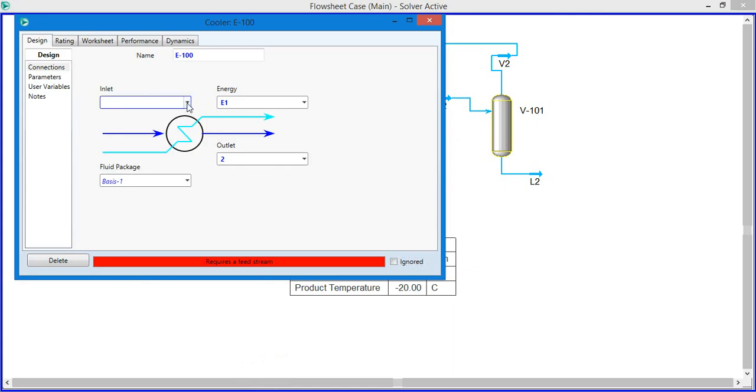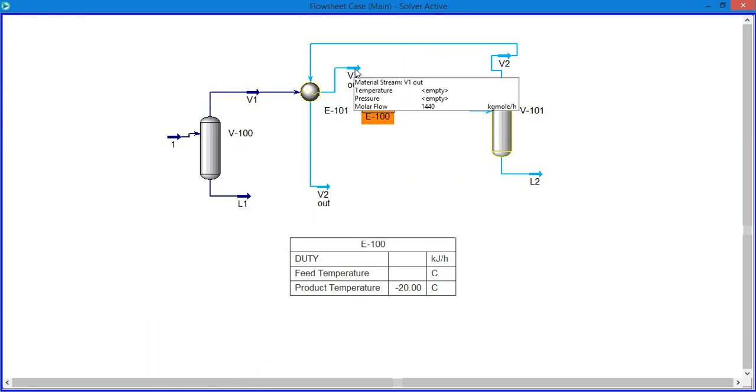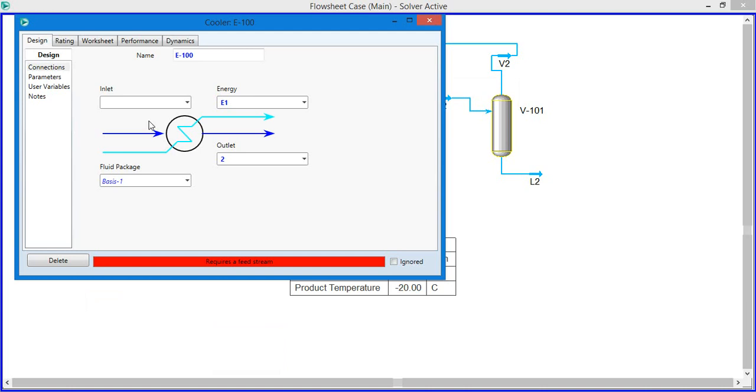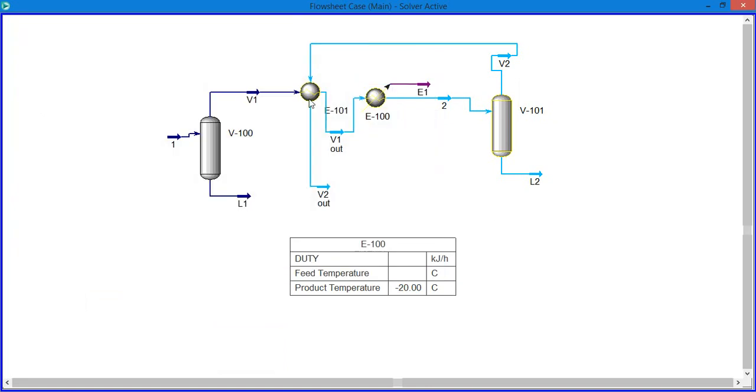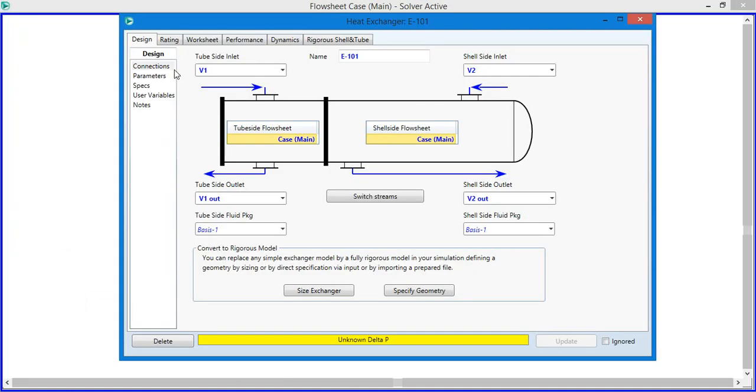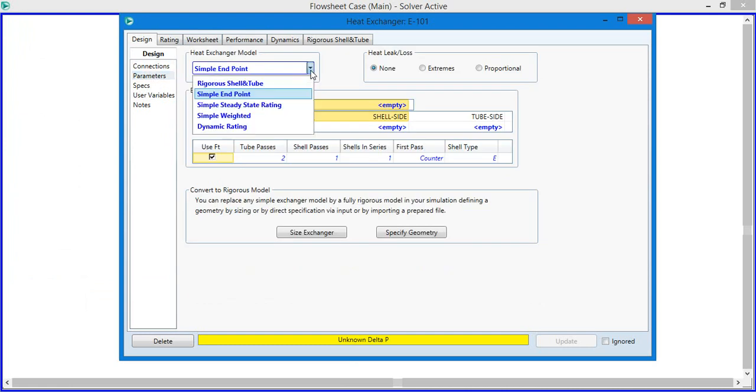but first join the stream V1 with the cooler. V1 out. Okay, now give it some pressure drop, that is 5 kilopascal on the shell side and 35 kilopascal on the tube side.